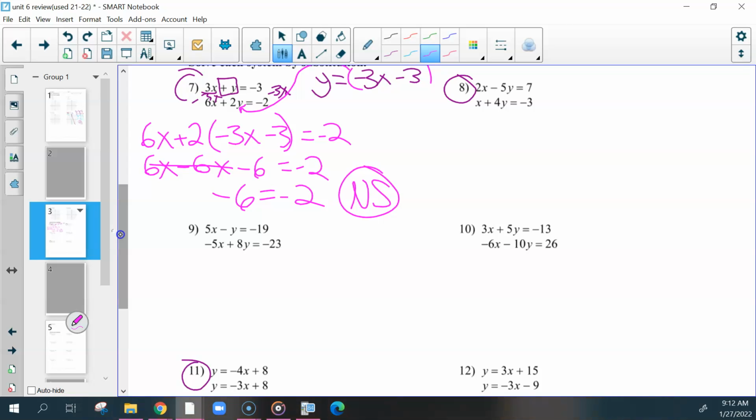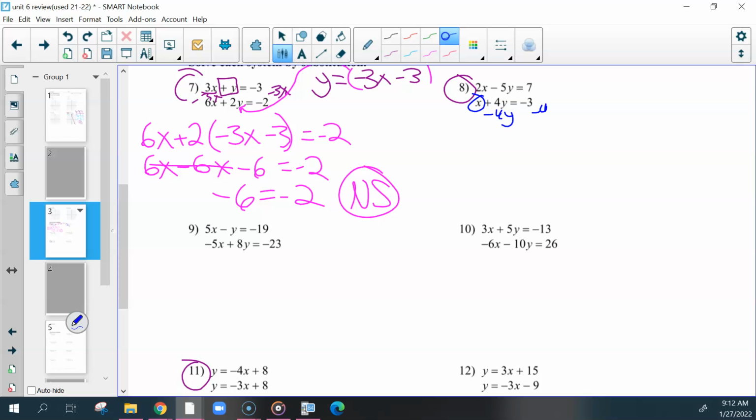No, so we need to solve one for x or for y. The second one, for which variable? X, because if we solve it for y, we're going to end up dividing by 4, so we end up with fractions. We're solving for x.